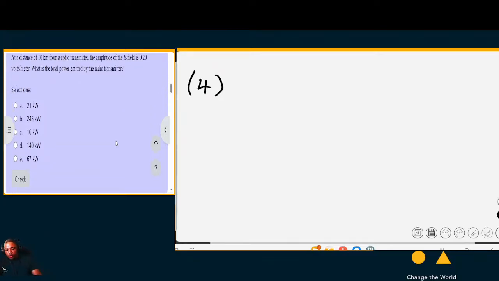Okay, what's the total power emitted by the radio transmitter? Now, what's the ratio between the power and the electric field and distance? Okay, now total power, you know, or you should know, total power is equal to the intensity multiplied by the area.